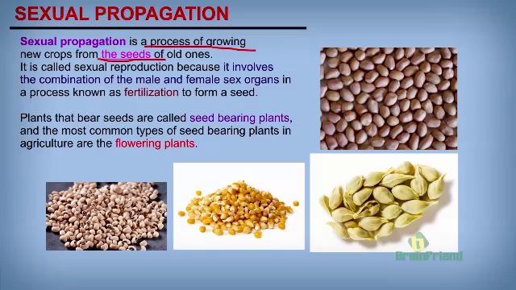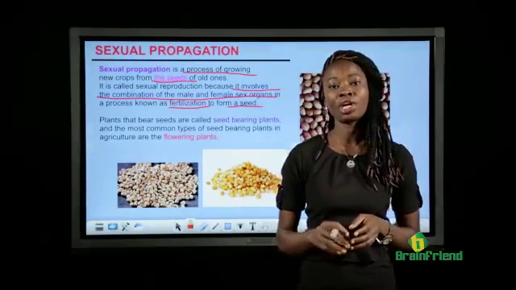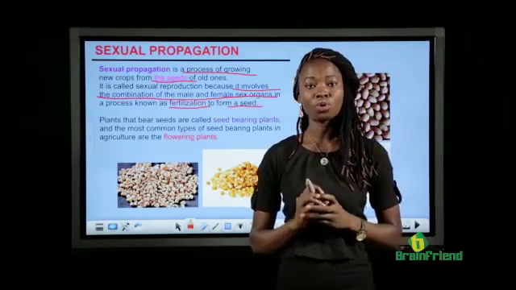This method of propagation is called sexual propagation because it involves the combination of the male and female sex organs found in plants in a process known as fertilization. And when this is done, it results in the formation of a seed. And it is this seed that farmers plant in the soil in order to grow new crops.